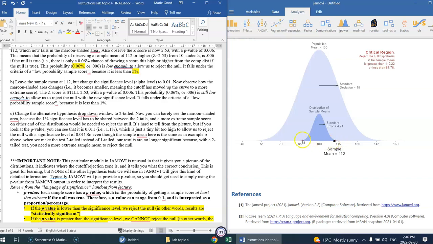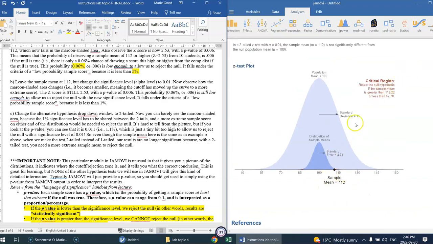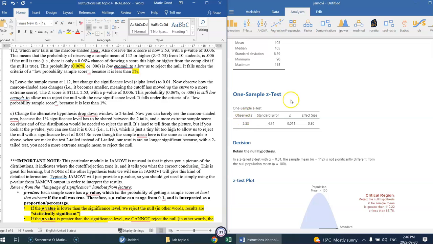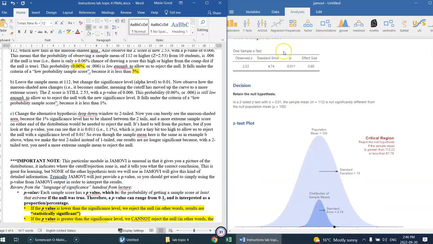Okay, so that's just a tiny region of the curve, and you can barely see it. All right, and so our Z score has not changed, but our p-value has changed now because now we have a two-tailed hypothesis, and the p-value is just calculated differently for that.